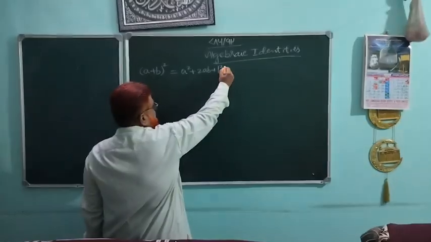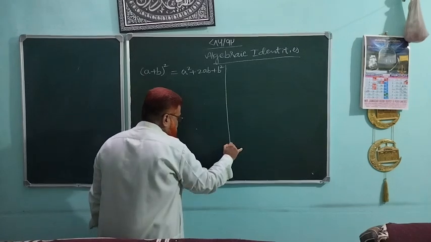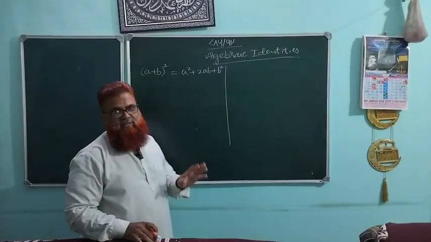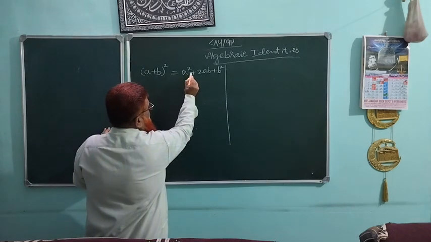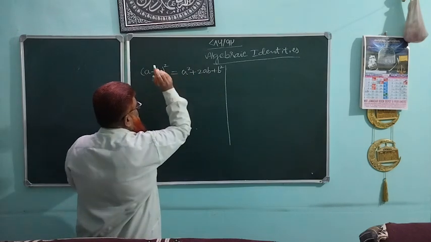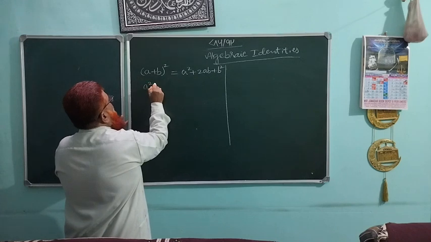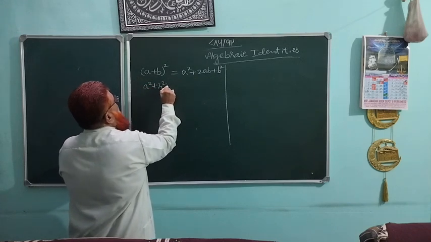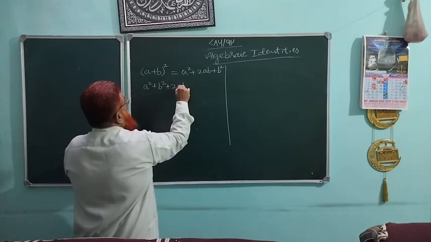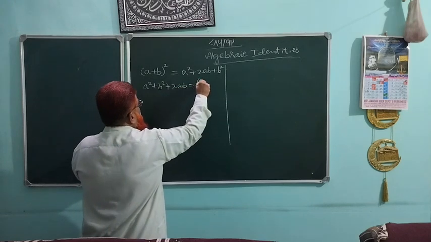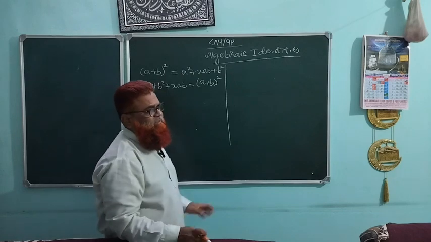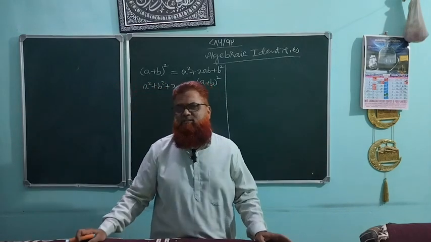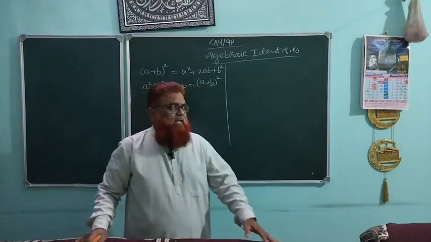Okay. There are some manipulations which I am going to show you here. (a plus b) whole square is equal to a square plus 2ab plus b square, or a square plus b square plus 2ab is equal to (a plus b) whole square, because LHS is equal to RHS. When you interchange, RHS is equal to LHS.